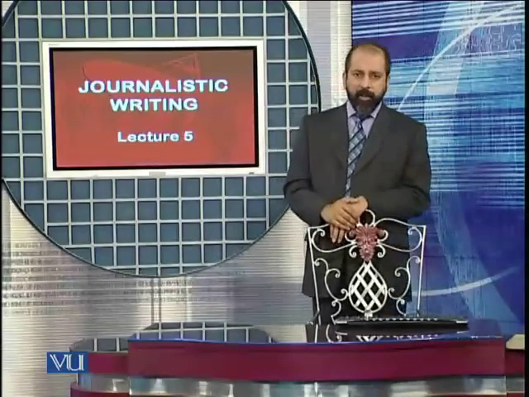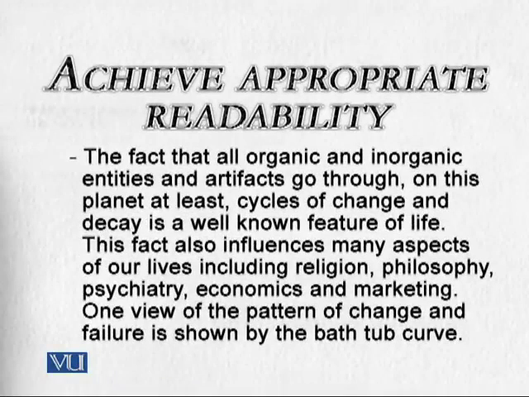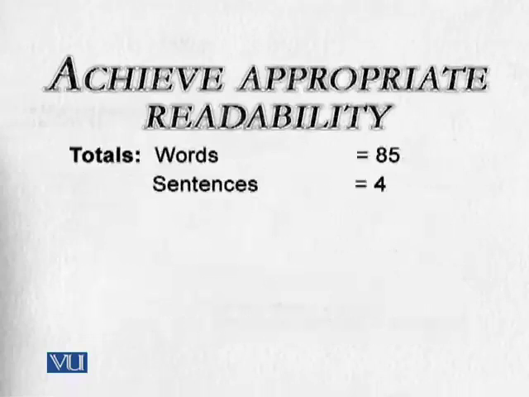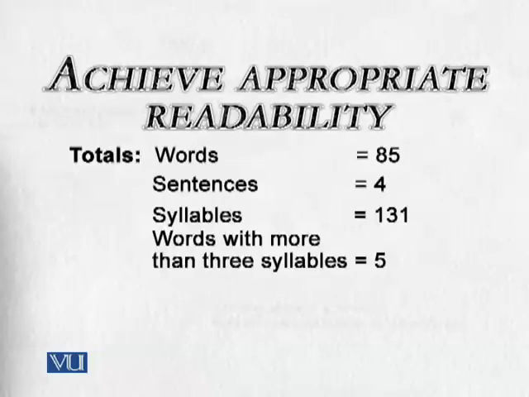Now, once again, take a look at the rewritten paragraph, and then we apply. Now, if you take a look on your screen, the sentences are, again, I believe, 1, 2, 3 and 4. Sentences are, again, 4. Total number of words will be 85, if you count yourself, and hard words are 5.